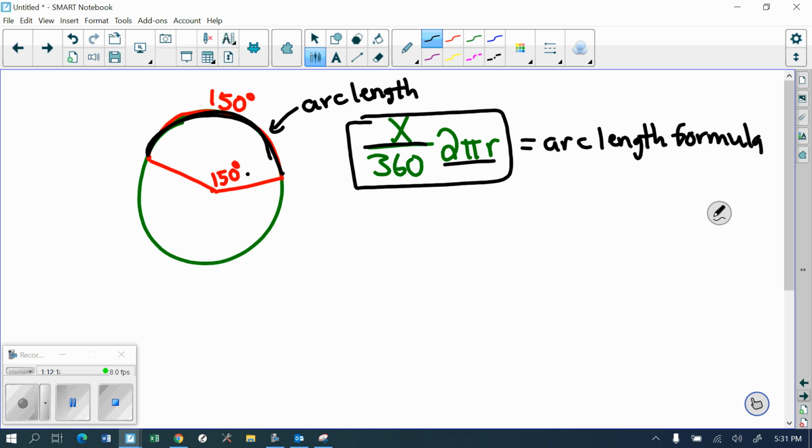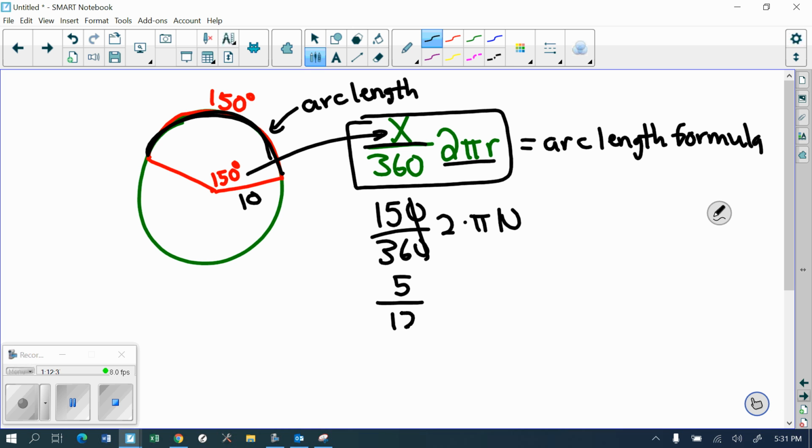So now I just take that and plug it right in there. So I have 150 over 360 times 2 times pi times 10. Well, those cancel out. 15 over 36 divided by 3 each. So that gives me 5/12 times 2 times 10 is 20.